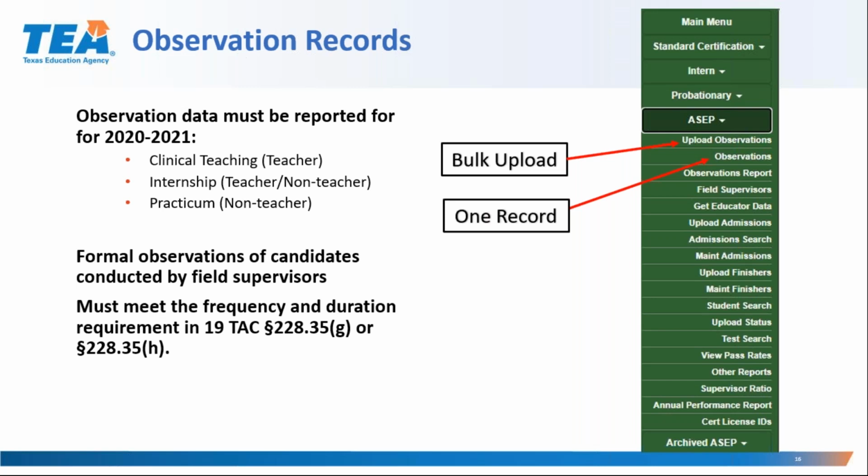But for non-teacher candidates completing a practicum, there is no duration requirement for any one observation. Instead, there is a total duration of 135 minutes required across 3 observations. Also, remember that you will not report observations for your finishers who were issued Waiver Pro certificates.